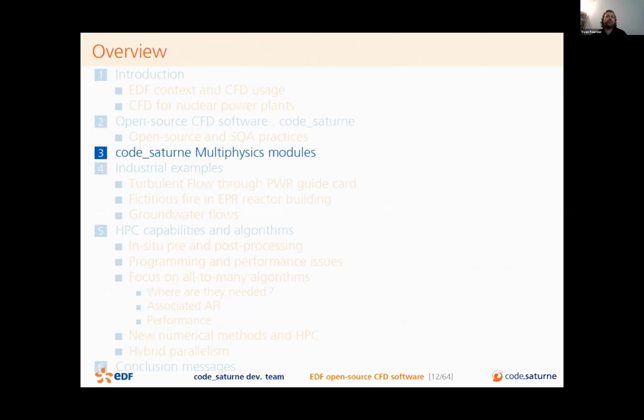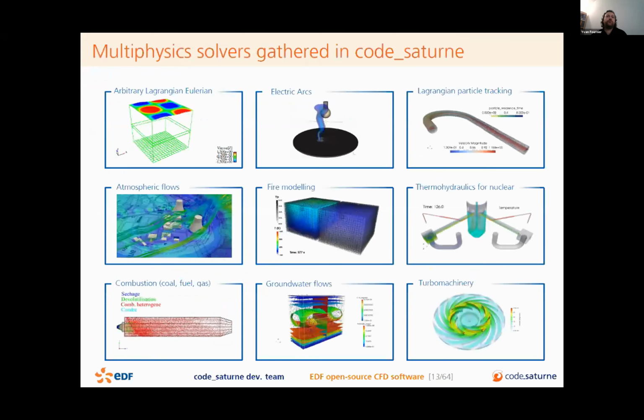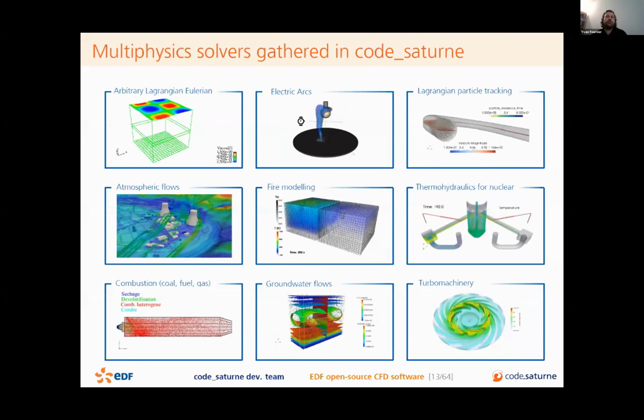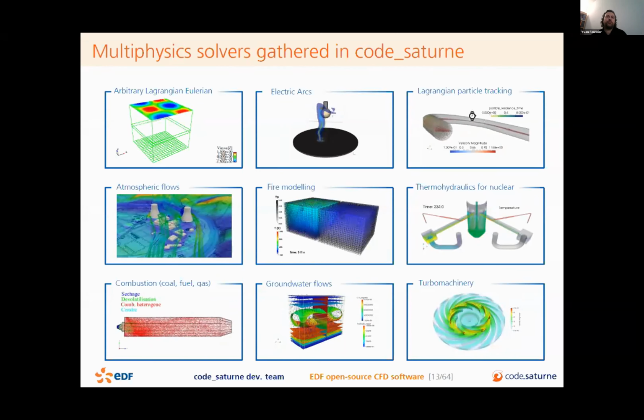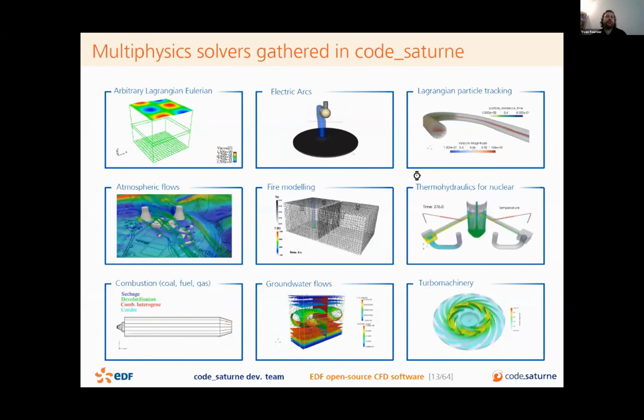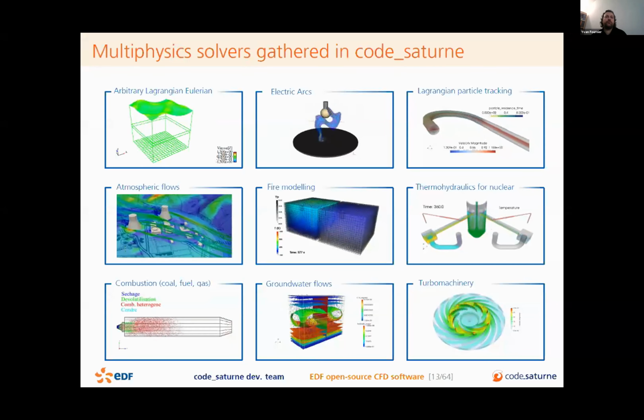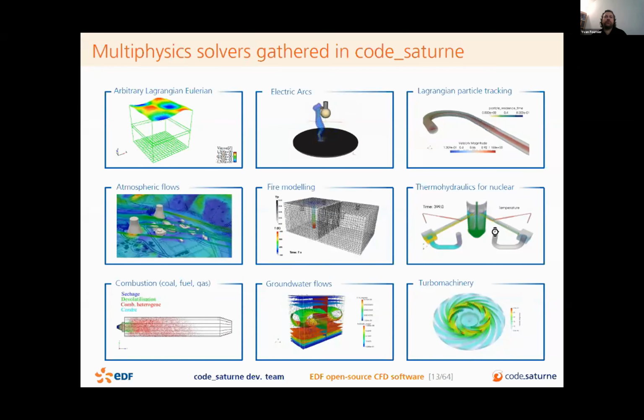So I'll just go fast on that part, and just highlight a few of the multiphysics models we have: mesh deformation with ALE, some modeling for electric arcs, and we can add a Lagrangian particle tracking model on top of the Eulerian model. There are some specialized models for atmospheric flows, some specialized models for fire modeling, classical thermohydraulics for nuclear applications, and other ventilation applications, which will use quite advanced turbulence models in quite a few cases.